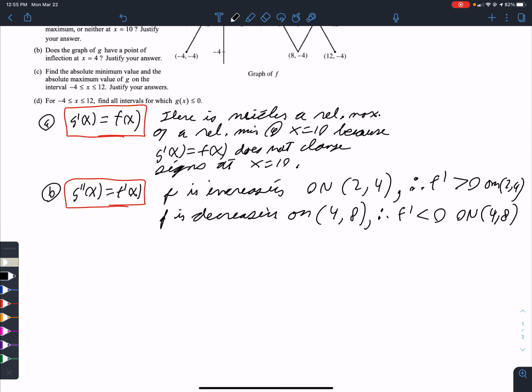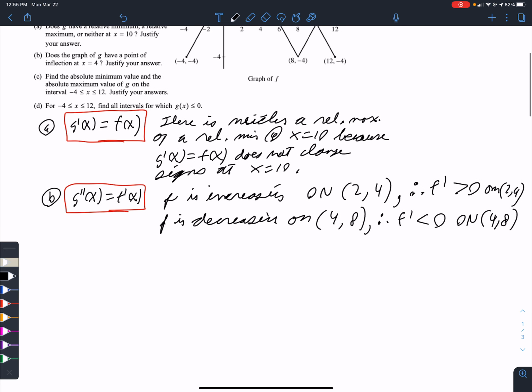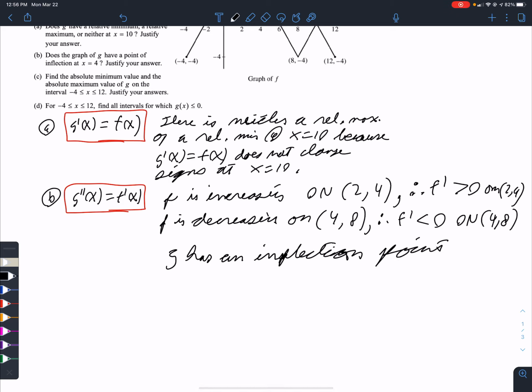you have to be very explicit. G has an inflection point at x equals 4.